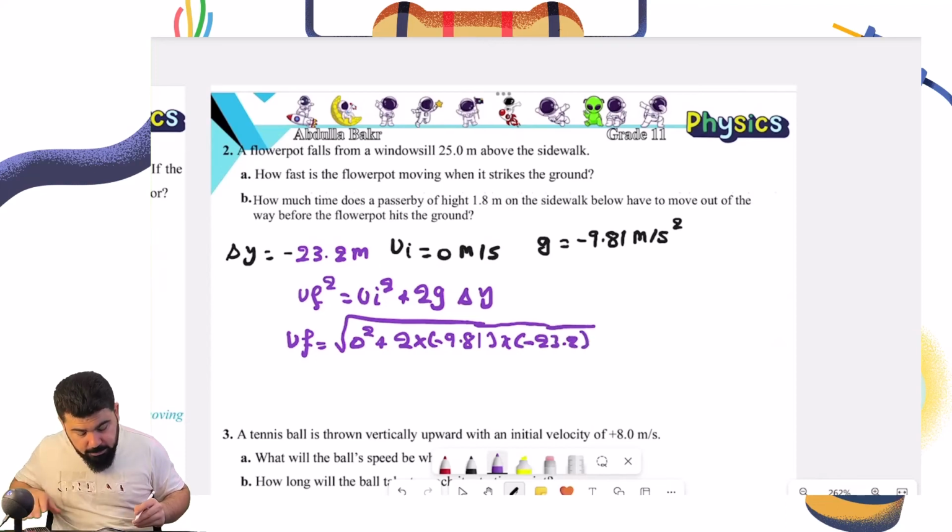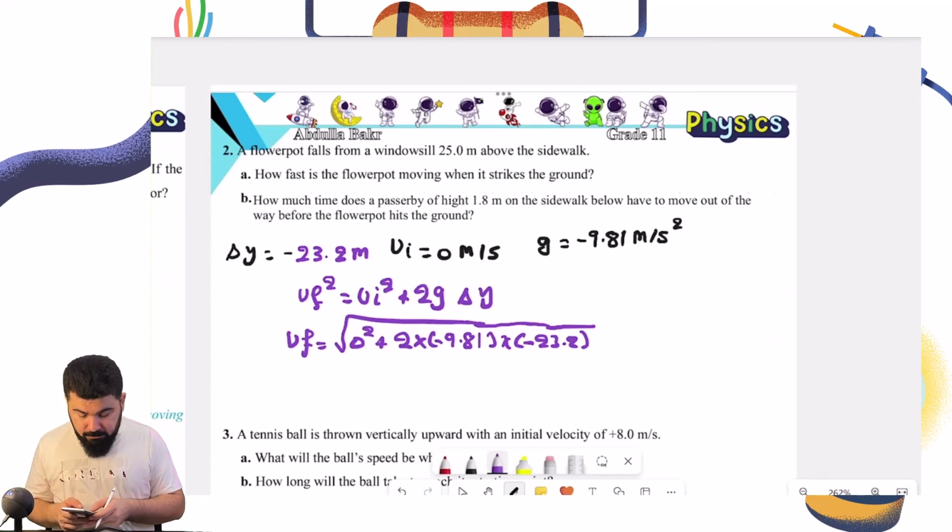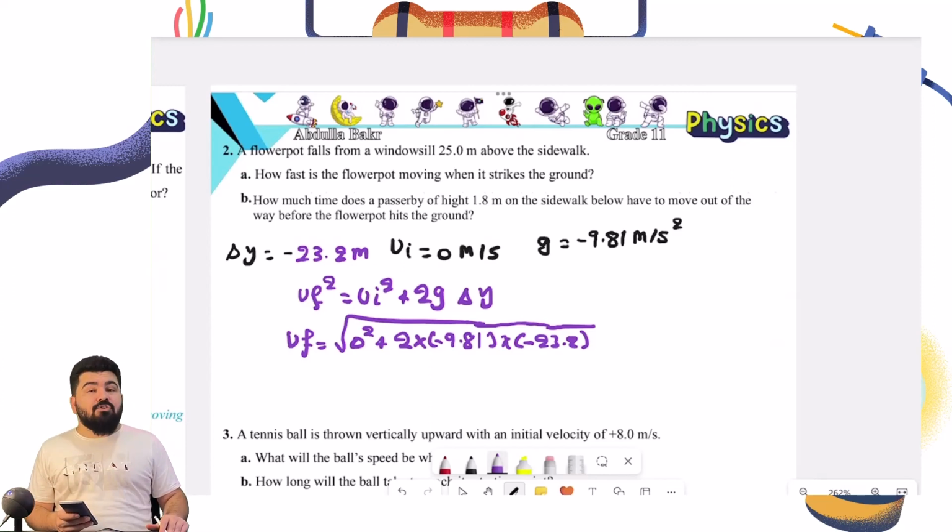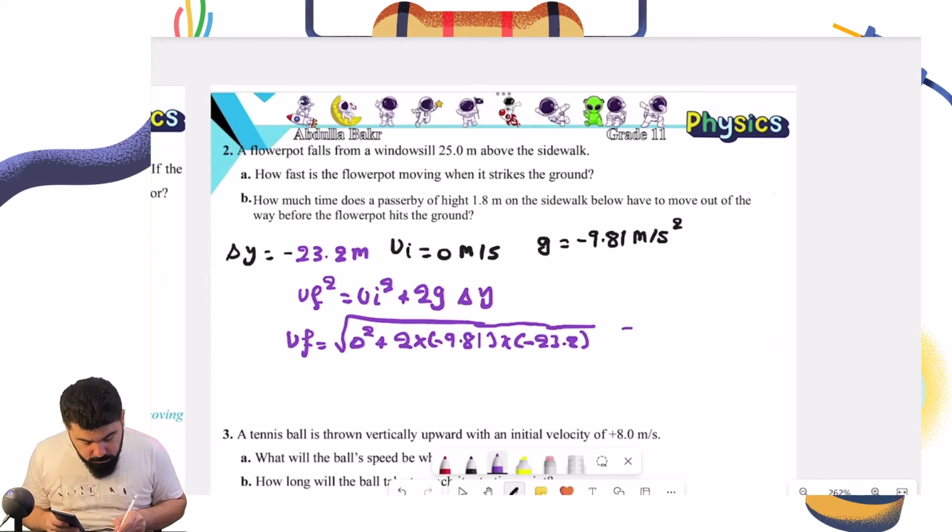Okay, let's take the square root. So we have the square root of 2 times negative 9.81 multiplied by negative 23.2. We have plus or minus 21.3, but we're going to take the minus, so 21.33 meters per second. Okay, that is V final.